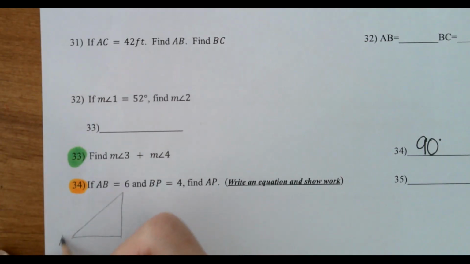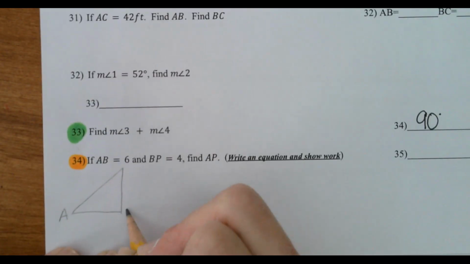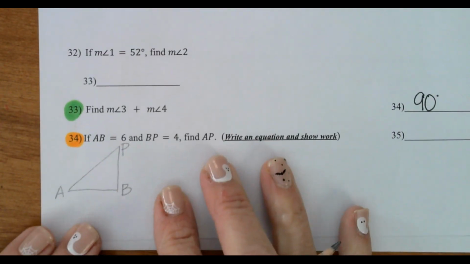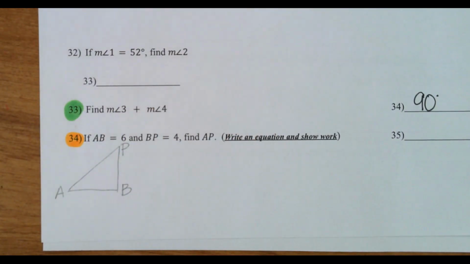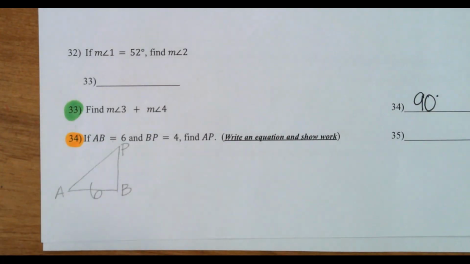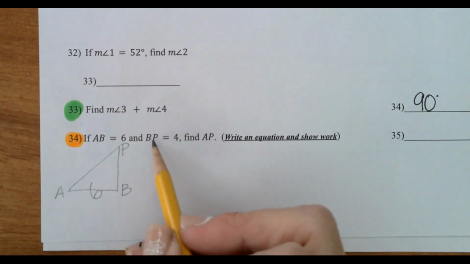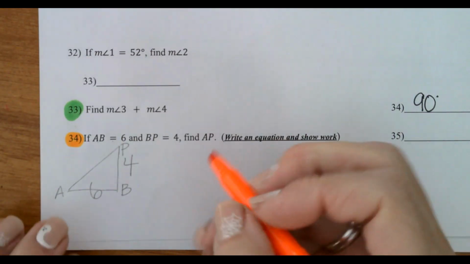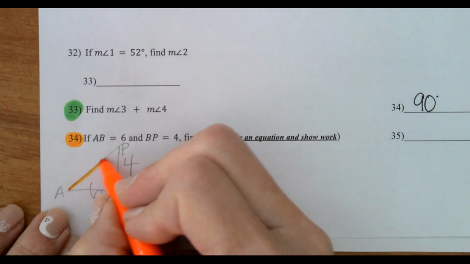So I'm going to redraw this because that way you can see what I'm doing. And it's cleaner than putting stuff up top. It says that AB is 6. Okay. It says that BP is 4. Okay. And it says find AP. So it says find this one.